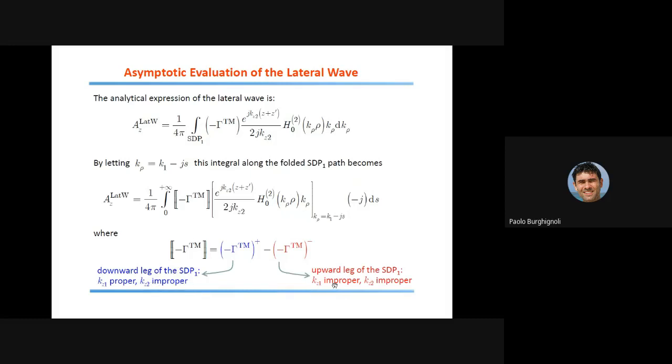Whereas on the upward leg of the steepest descent path, indicated with a minus, we have both vertical wave numbers improper, so the imaginary part for both is positive. Okay, let us see in detail this folded reflection coefficient, that is the difference between the plus and minus determinations.